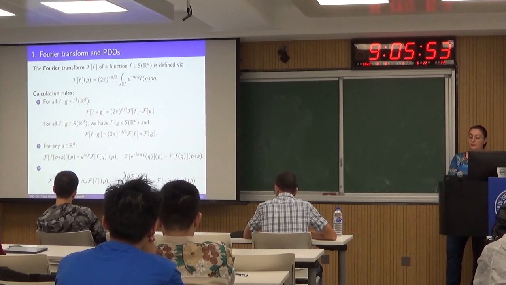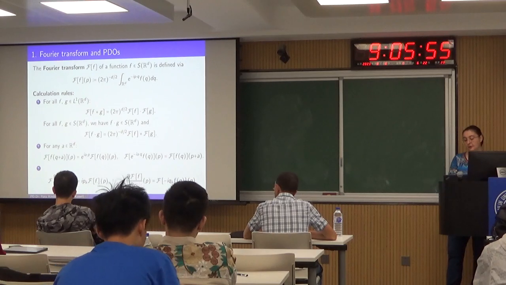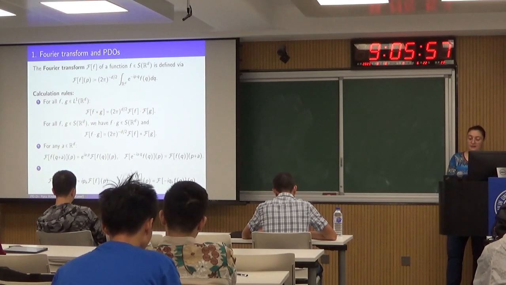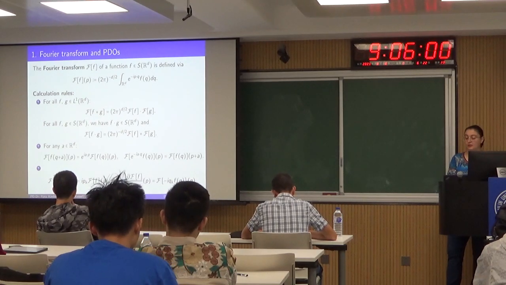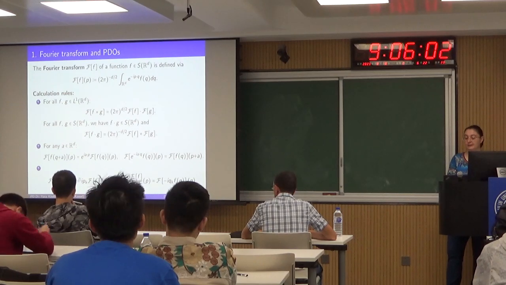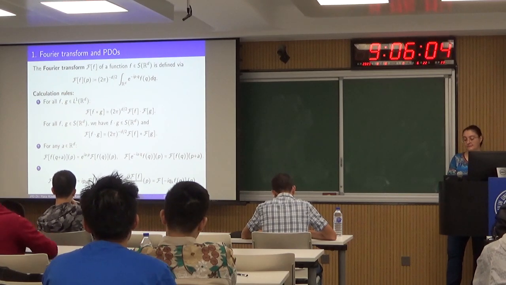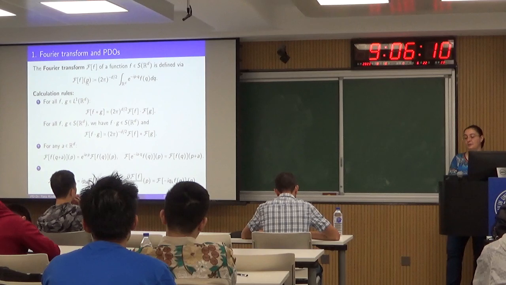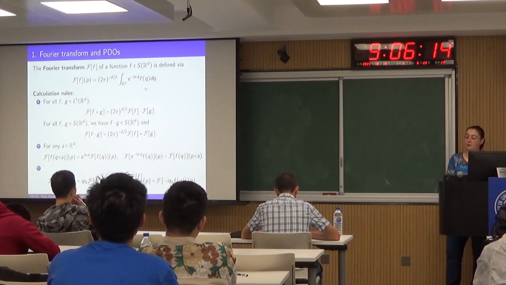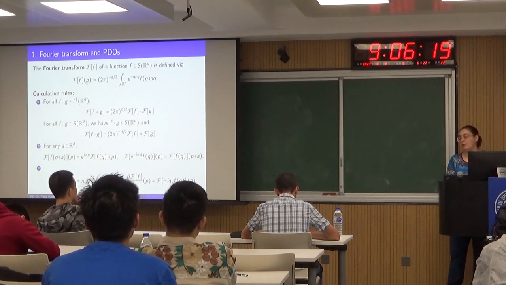The Fourier transform of the partial derivative with respect to the k-th coordinate is the same as the Fourier transform of the original function multiplied with i p_k. So the Fourier transform maps the variable q into the variable p. One should understand it like this: q is a variable of configuration space and p is the variable of momentum space.